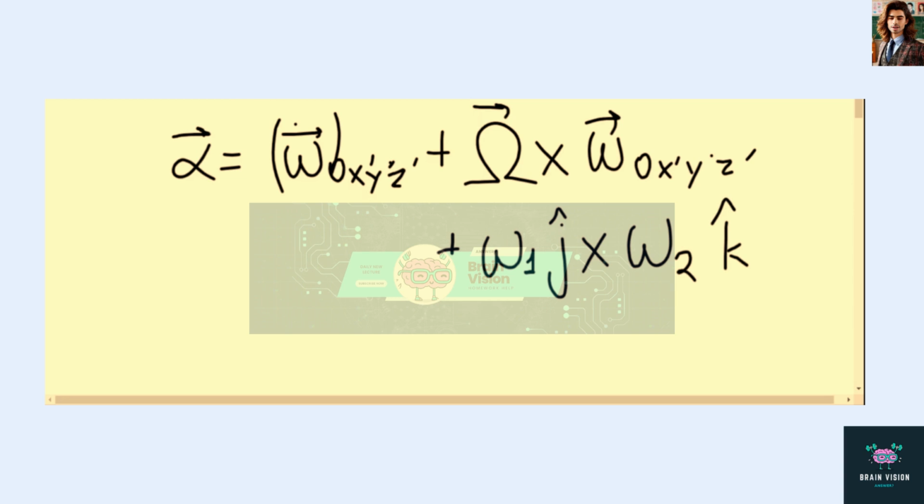I'm not going to use prime indices now because we work under the assumption that for this specific moment shown in the drawing, the two frames, the fixed and the rotating frame, coincide. Finally, an observer on this rotating frame won't see any rate of change for the angular velocity of the arm.